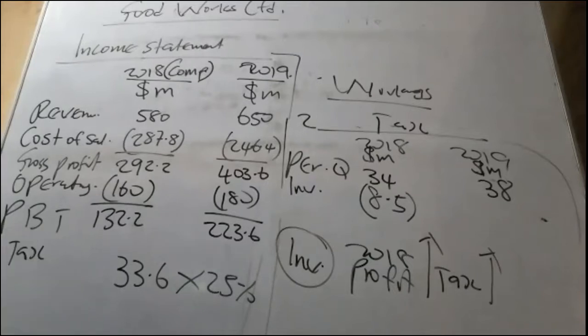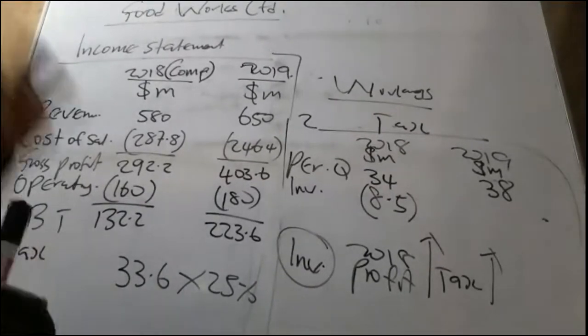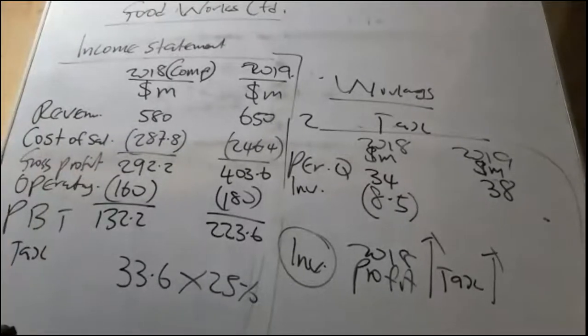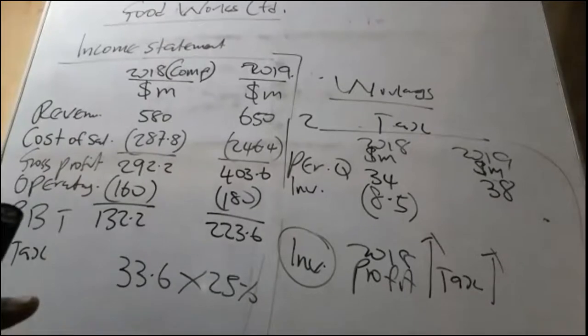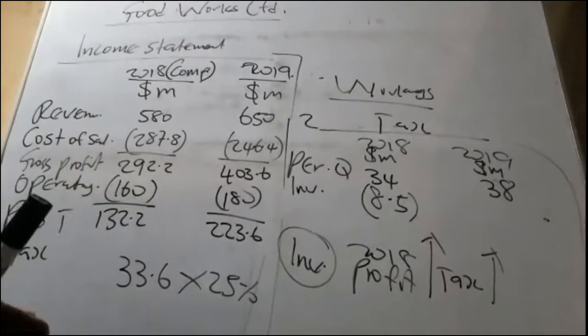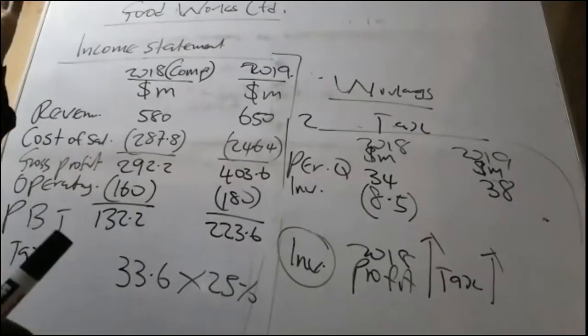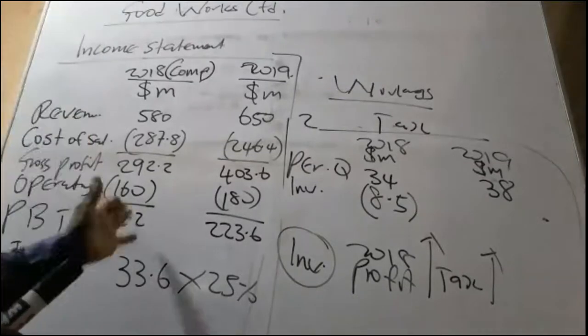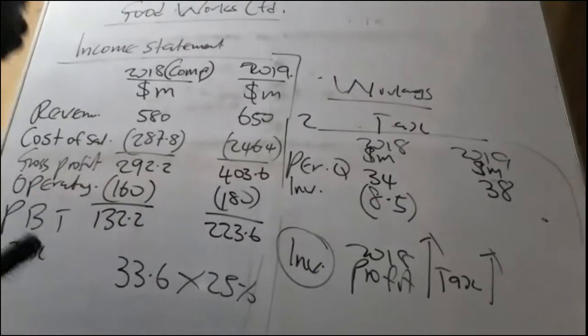In 2018, our closing inventory was overstated. So therefore, cost of sales was smaller. Fine. Profit went up. So when profit went up, tax also went up. So now we have to reduce it.